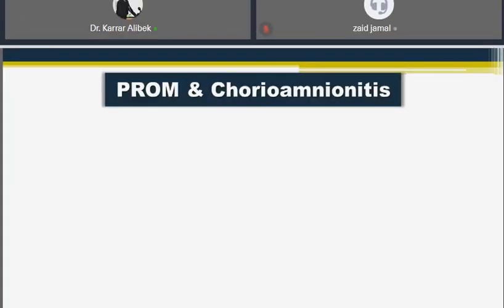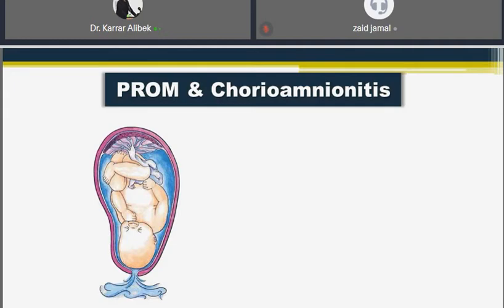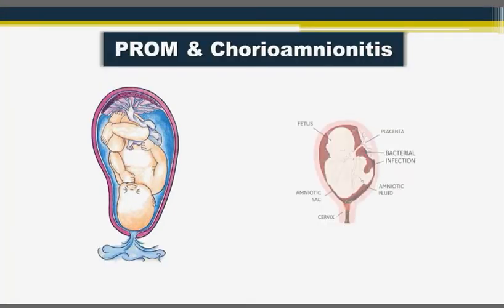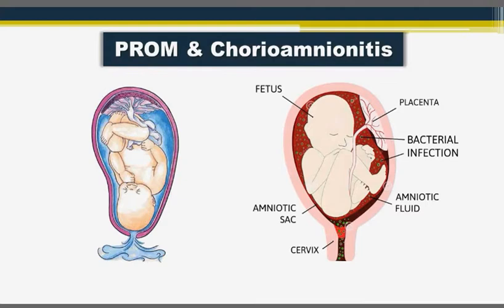Now, if we talk specifically about premature rupture of membrane and chorioamnionitis and their relation to early onset sepsis, premature rupture of membrane is easy to describe. So what about chorioamnionitis? Chorioamnionitis is the intra-amniotic infection, indicating infection of the amniotic fluid, amniotic membrane, placenta, or the deciduum.